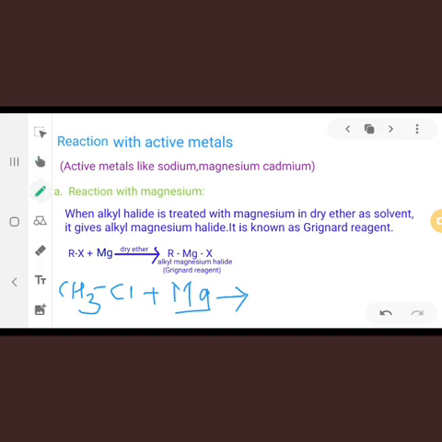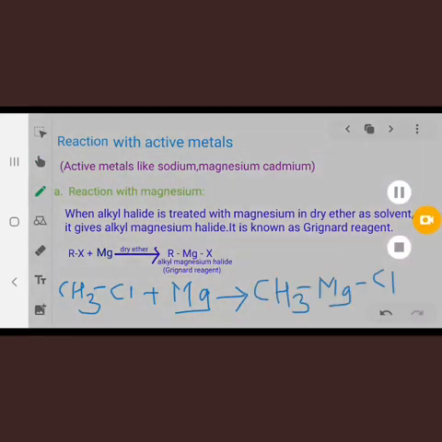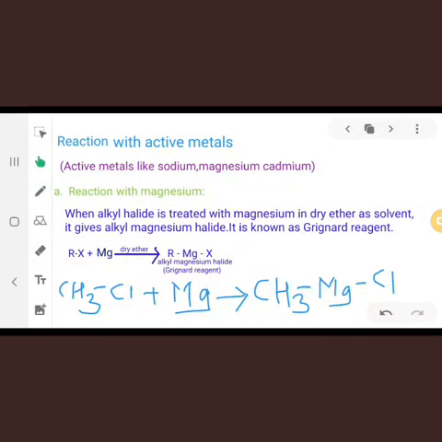Okay, so our product will be, you can see here, CH3MgCl. That means methyl magnesium chloride. Understand? Simply we have to add magnesium in between these two groups. Okay, and this is the reaction of alkyl halide with magnesium. Understand? Let us see the next now.